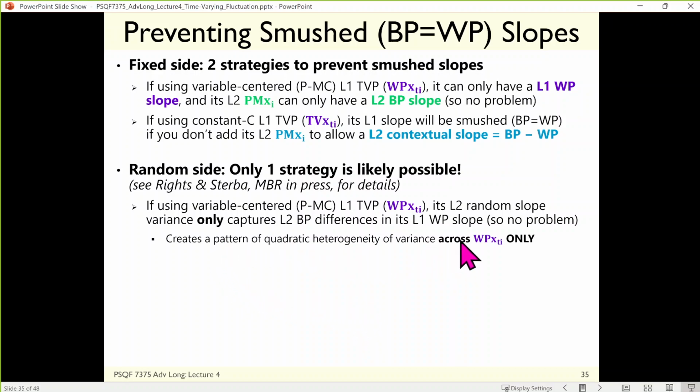Behind the scenes though, do you remember what we used to talk about in terms of the implied variance and covariance over time when we add time slopes? If I have a random intercept only in my growth model, what kind of pattern am I predicting with respect to variance and covariance over time? Constant.